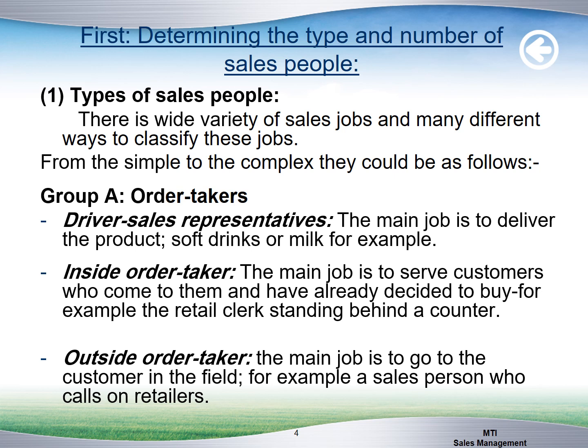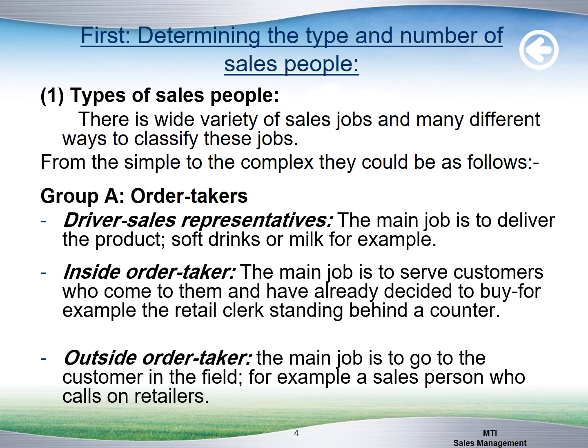Types of salespeople. Well, there are two main groups of types of salespeople. The first group is order takers, which contains three subtypes of salespeople. Driver sales representatives own a van or something like that, full of product, and try to sell it to the shop.